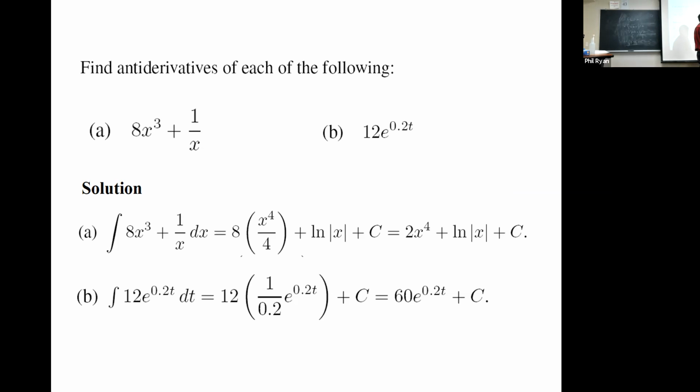You have to have the absolute value on the x. Yes, because remember, just to remind you what 1 on x looks like, it looks like this. That's a hyperbola. So at any point it's got a slope. Here the slope is ln of x.